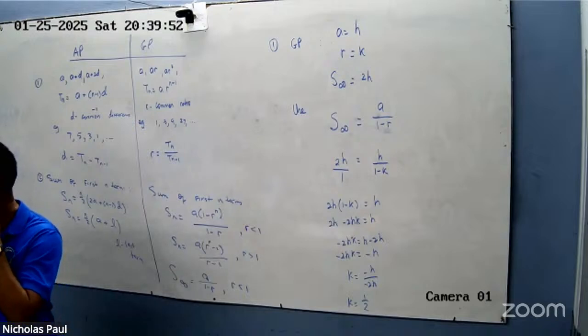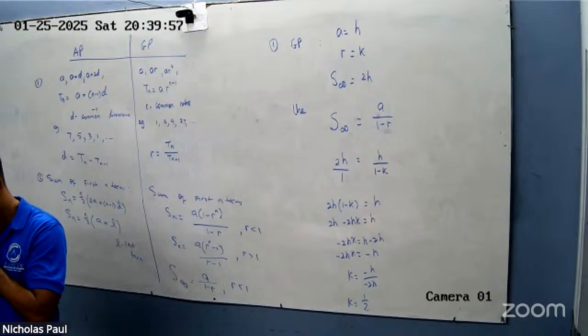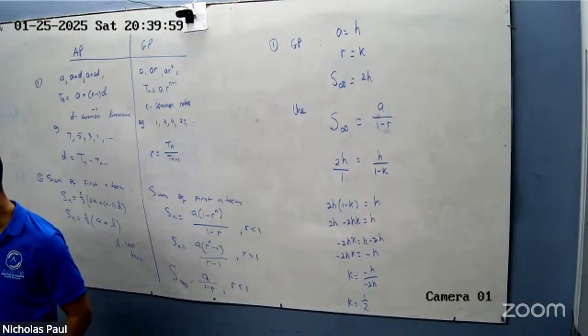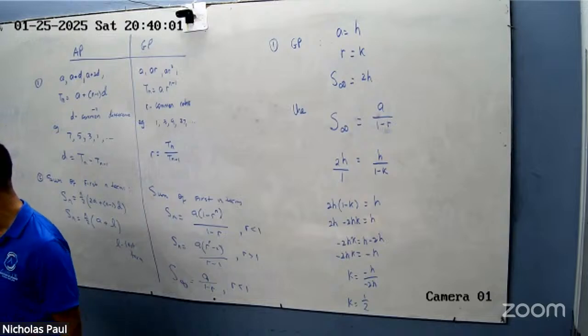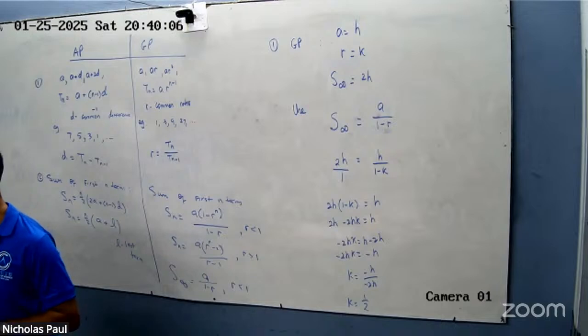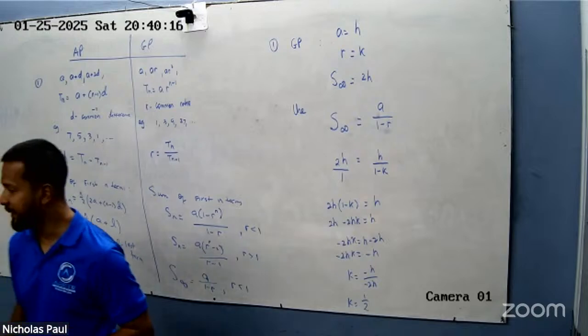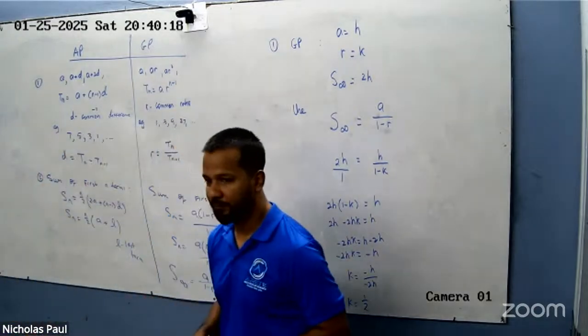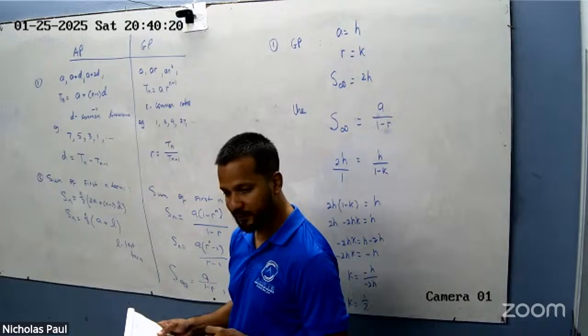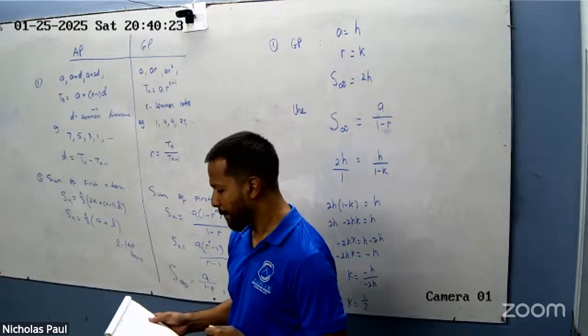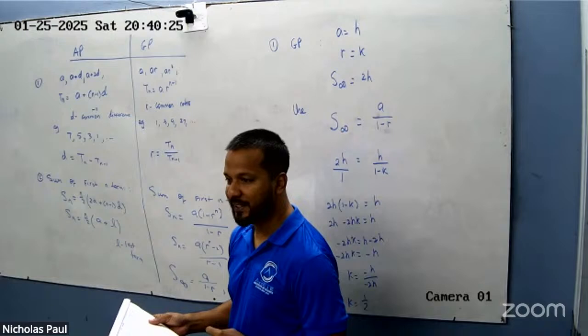The sum of the first 6 terms is 48. And the sum of the first n terms is 168. Find D and N.